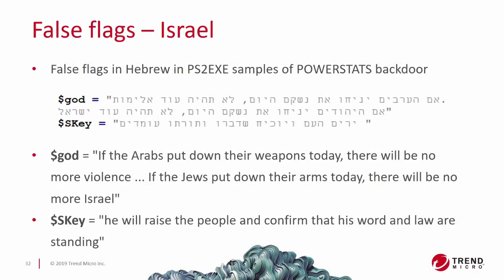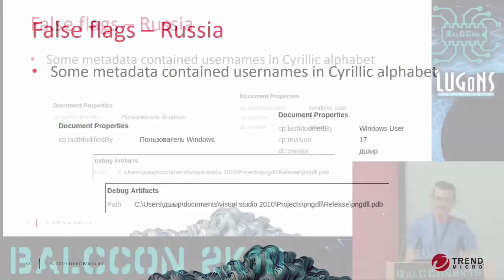One was called $God, the second one $SKey, and over there you can see the translation into English. One message was some kind of quote which was said, I think, by the Israeli prime minister maybe 10-15 years ago, and the second one was some kind of religious message, so related to Israel for some reason.